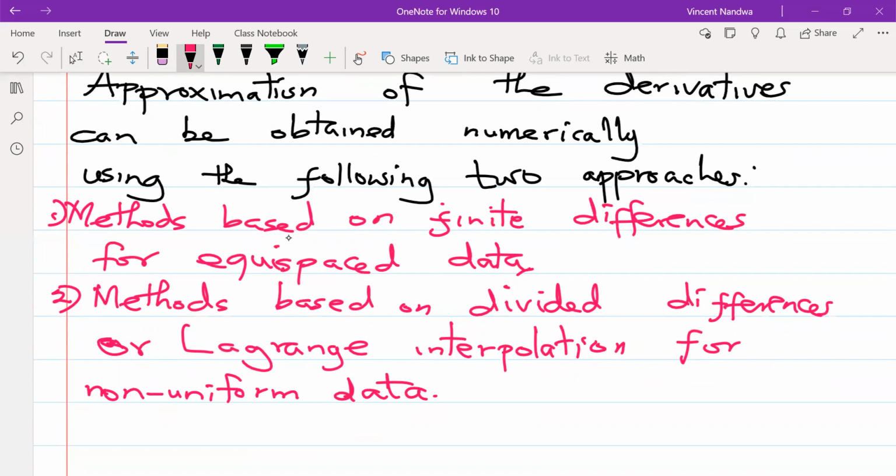So we have methods based on finite differences for equally spaced values of data measurements, or methods based on divided differences, or the Lagrange interpolation for non-uniform data.